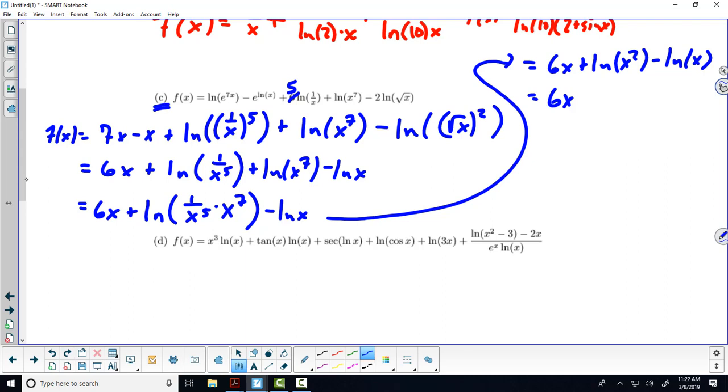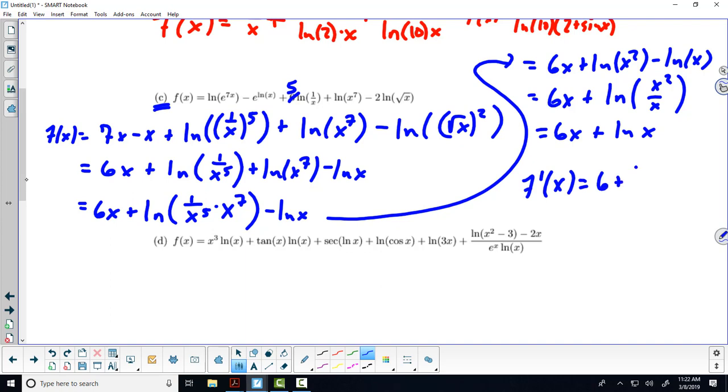So I can rewrite that as division inside. And so everything cleans up. So yeah, it was worth taking the time, I think, to clean up this function. Because now we're ready to take this function's derivative. We get f prime of x is equal to 6 plus 1 over x.